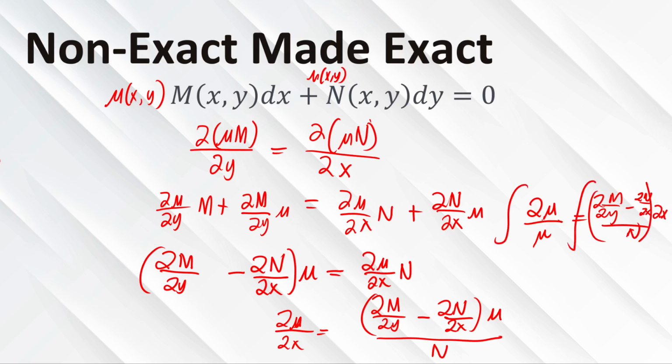At the same way, kasi partial derivative, derivative pa rin yan. Magiging ln of mu lang ito equals something like that. And therefore, pag isosolve natin yung mu, kasi yun naman talaga yung plano natin in the first place, mahanap yung mu, the integrating factor na i-multiply dito sa ating equation para maging exact siya, magiging e raised to itong integral na ito.